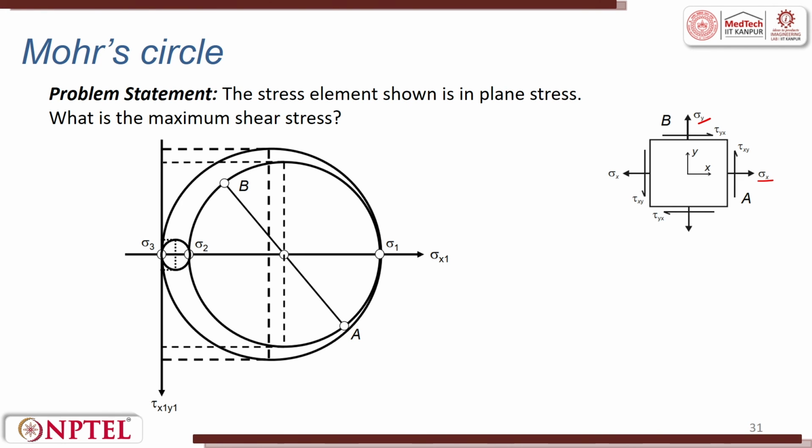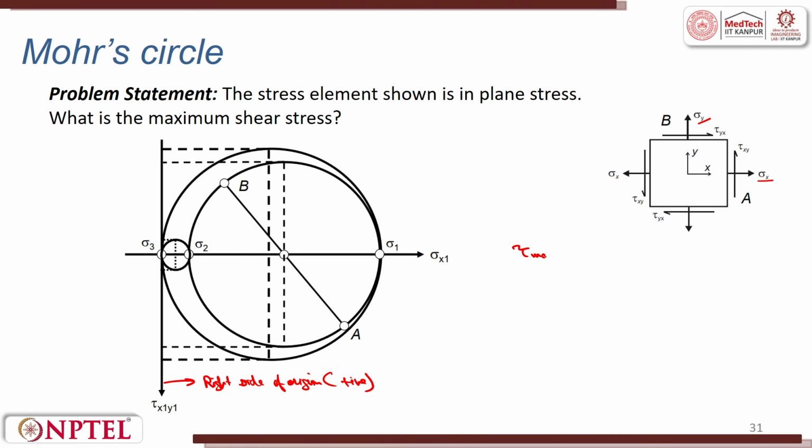Because both of them are tensile, you can see both of them are on the right side of the origin, that is, all of them are positive. Also, tau y is given in the anticlockwise direction and this Mohr circle is given. So, we need to find the maximum shear stress. Here, how do we calculate maximum shear stress?